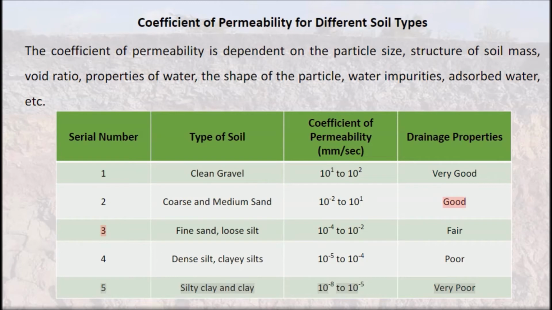Fine sand, loose silt, 10^-4 to 10^-2, fair. 4. Dense silt, clayey silts, 10^-5 to 10^-4, poor.